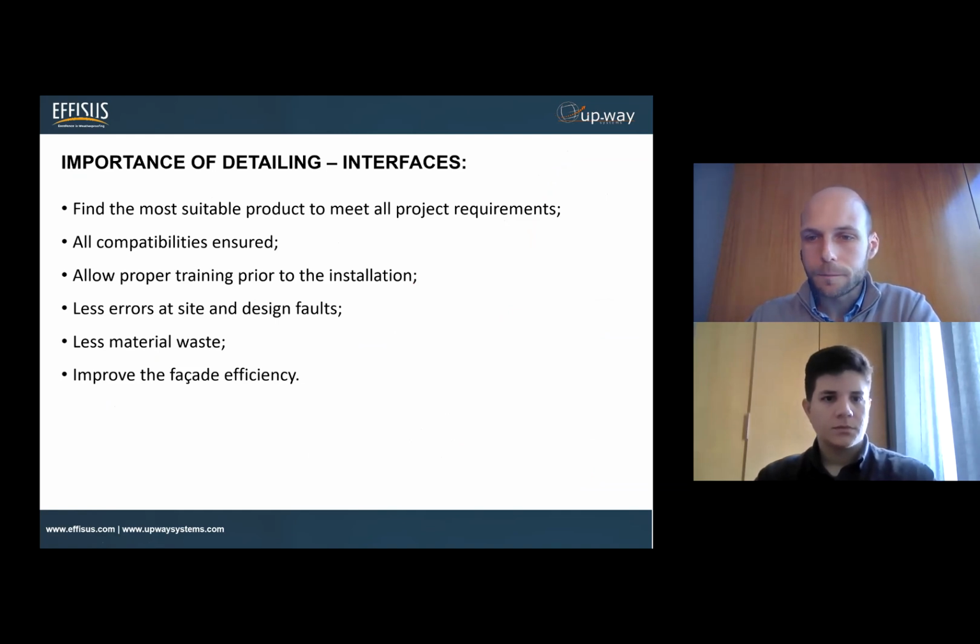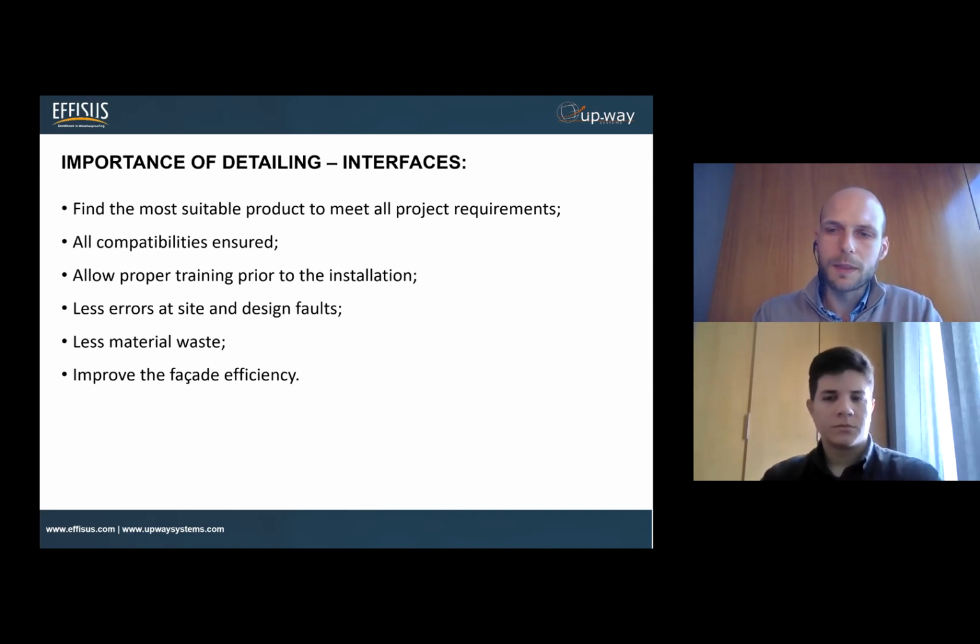And of course, if you take this into consideration when detailing the interfaces, you'll be providing and suiting the project requirements in the entire picture, but also ensuring compatibilities, allowing proper training, less errors at site, of course, because when we are training people at sites and providing solutions, for instance, prefabricated solutions, you'll of course be avoiding possibility of errors at site, but also material waste, as we were saying.